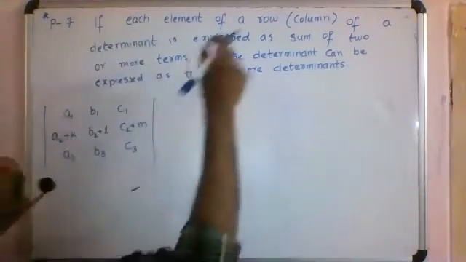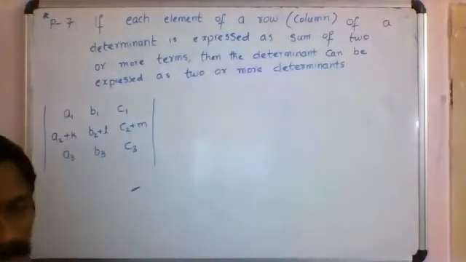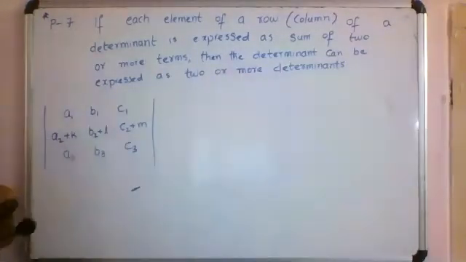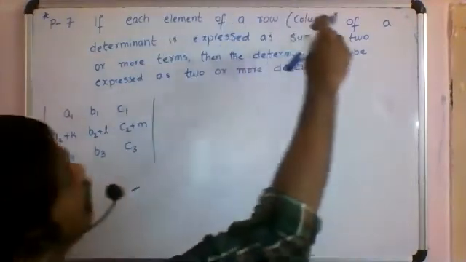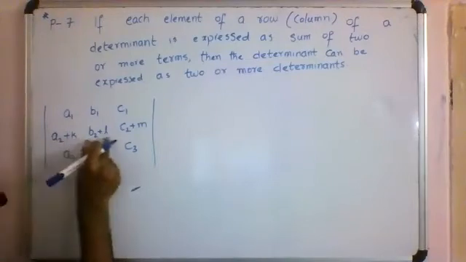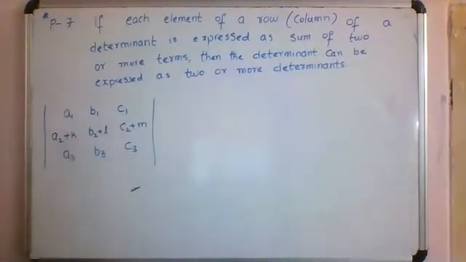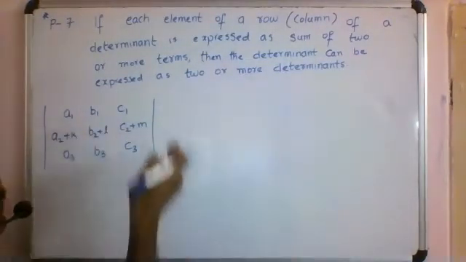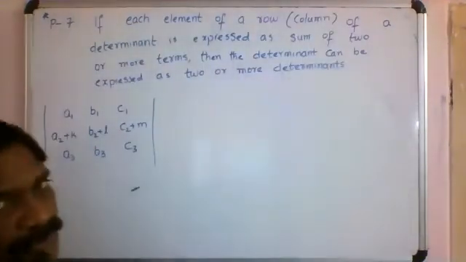If each element of a row or column, I selected second row here. How was that second row? Sum of two or more. Here I kept only two elements, sum of two numbers there. I can keep three numbers also because he said sum of two or more terms.